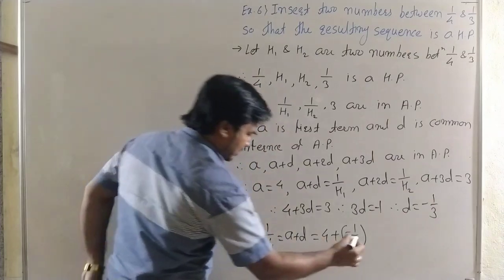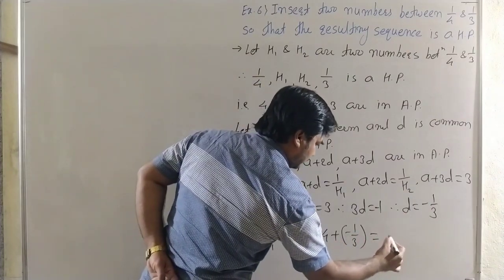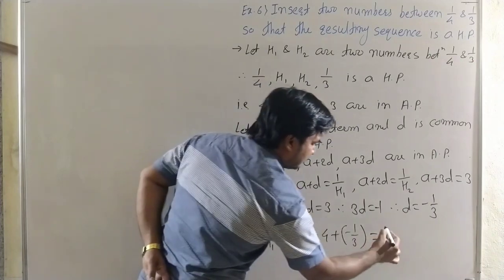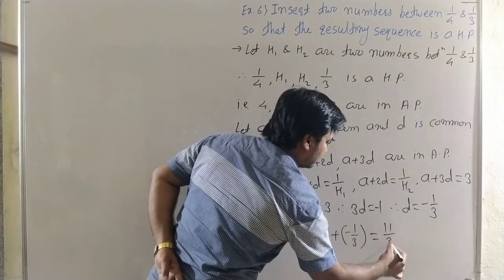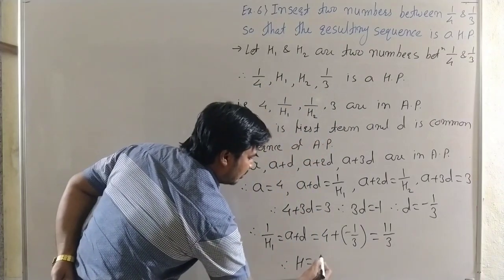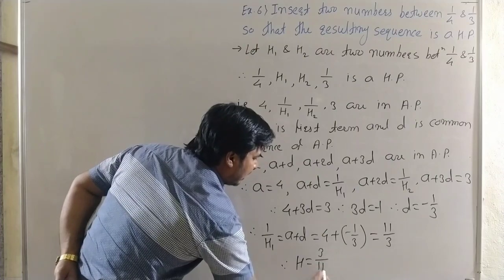The calculation is 12 minus 1, 11 by 3. It is the value of 1 by h1, and therefore h1 is equal to 3 upon 11.